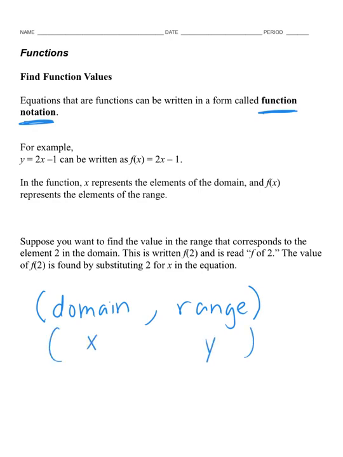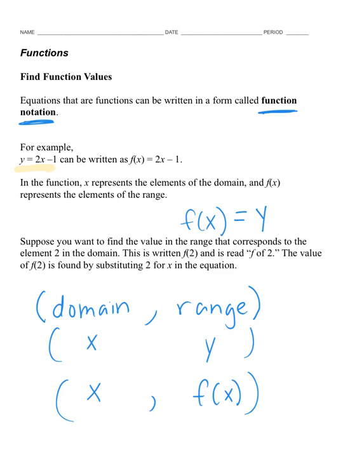Well, function notation is basically this. f of x, you should write this down, equals y. They mean the same thing. Look at the example they give you. y equals 2x minus 1.